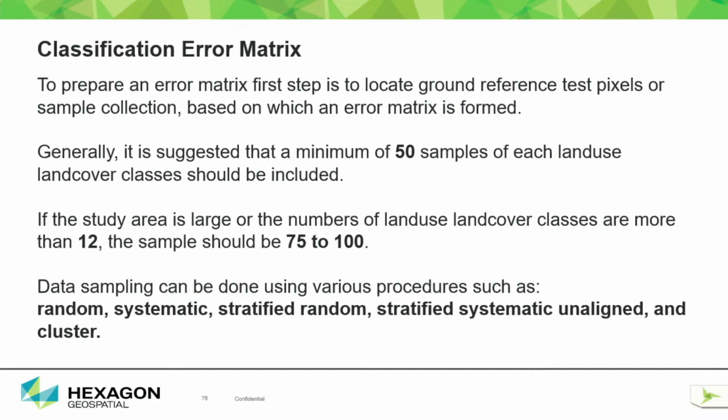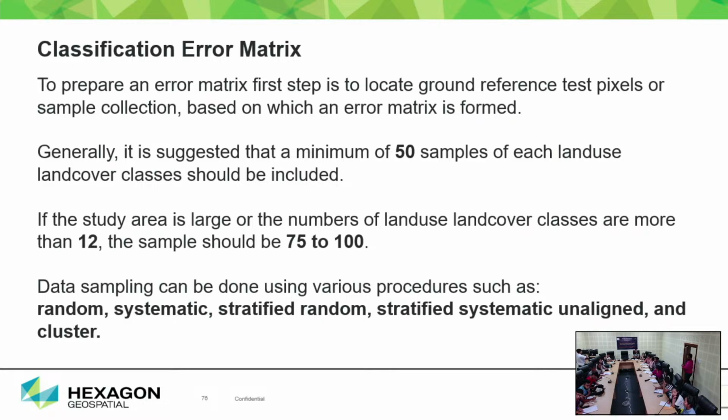But if you go for stratified random, then some areas will be identified, but there is no statistical rule within this area. Again you can go randomly. Next, stratified systematic: systematic means we will collect 50 sample sites, and in each sample site we will take 5 points, and of those five, one will be collected from the north, one from the east, one from the central point, one from the west, and one from the south.